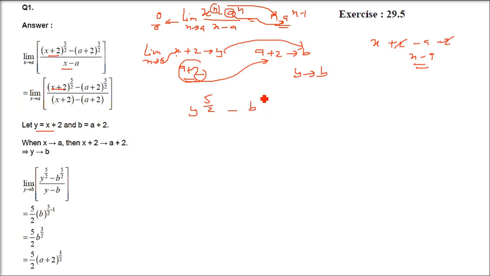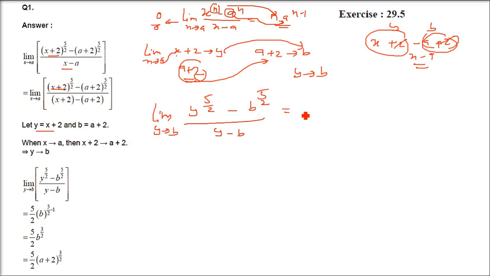So now I am putting y to the power 5 by 2 minus b to the power 5 by 2, over y minus b, because x plus 2 is y and a plus 2 is b. The limit has changed, now y is tending to b. So we have n a to the power n minus 1. This is 5 by 2, b to the power 5 by 2 minus 1.